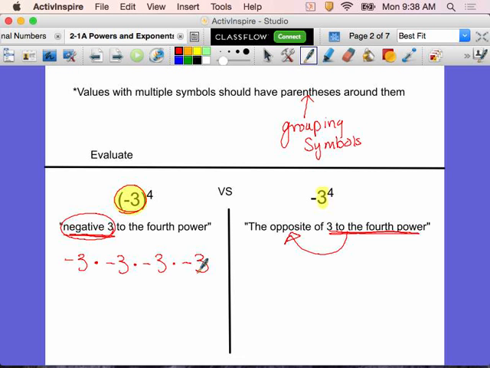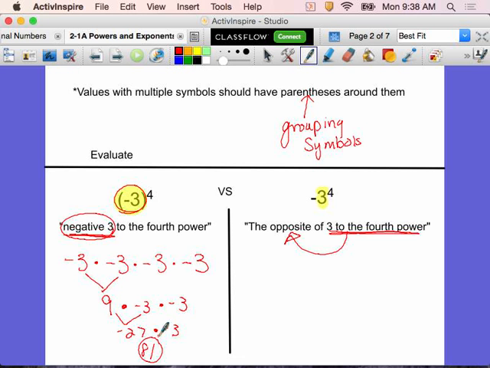Let's just go left to right like we would if we were just learning order of operations. -3 times -3 is +9, carry everything down, times -3 times -3. 9 times -3 is -27, times -3, negative times negative, so this will be +81.